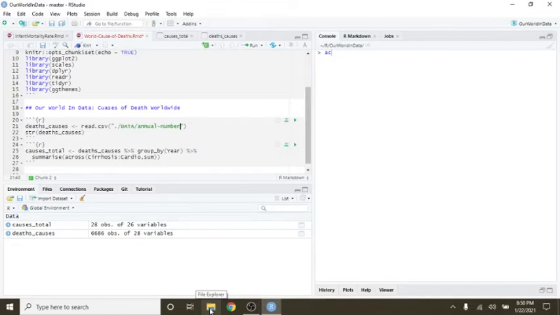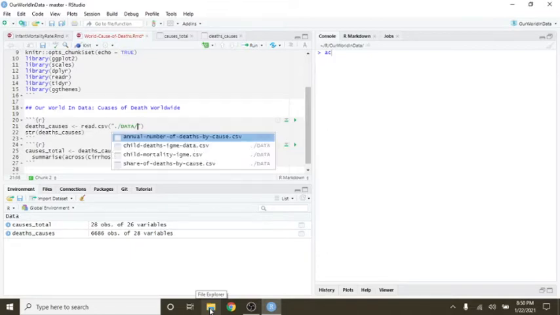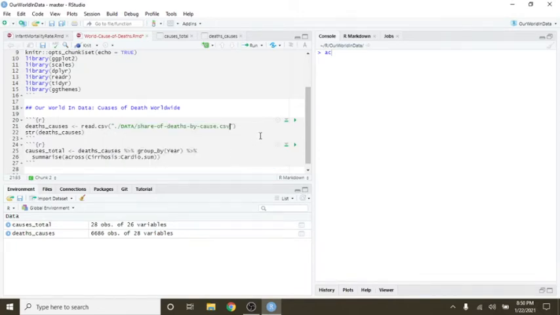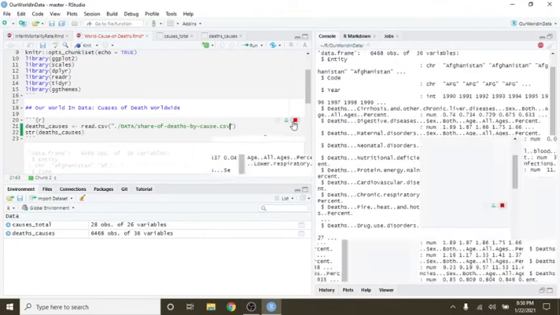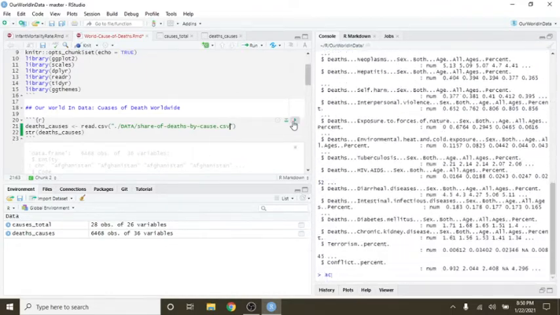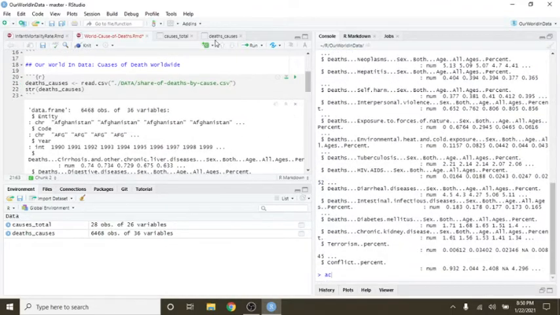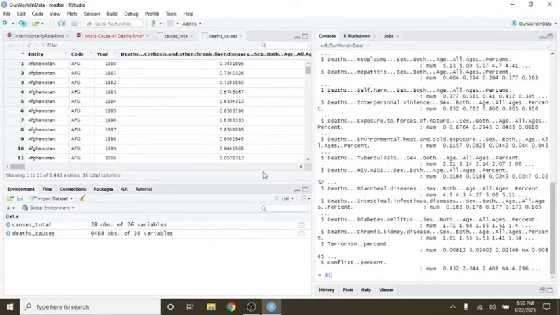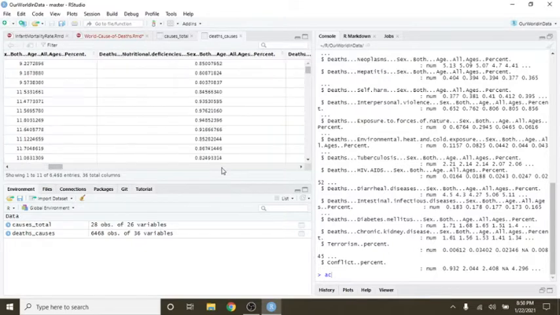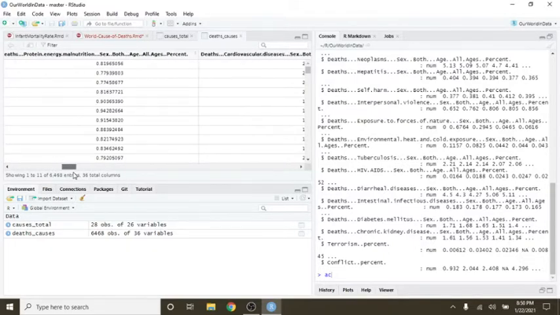What's the other number? Okay. This doesn't look right either. Why am I seeing percents in here?